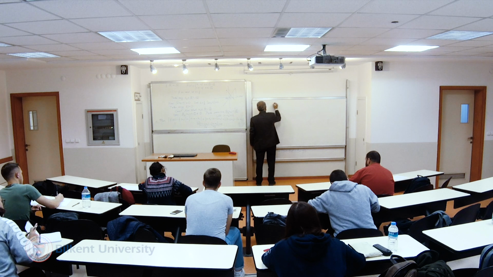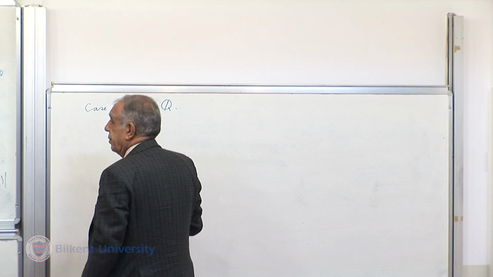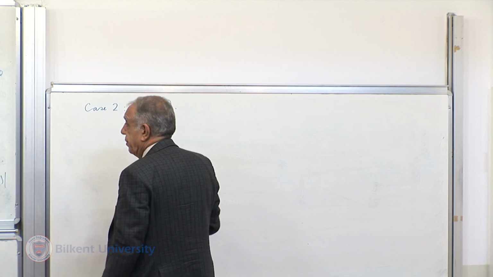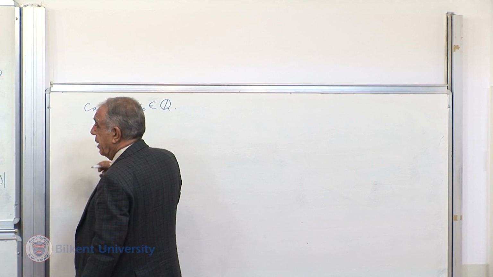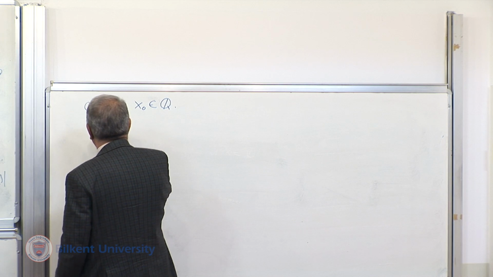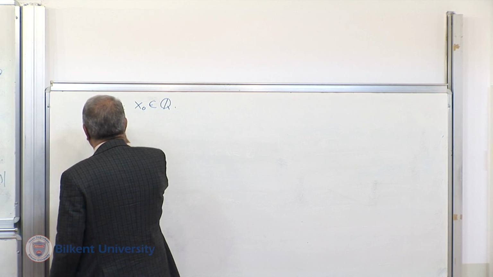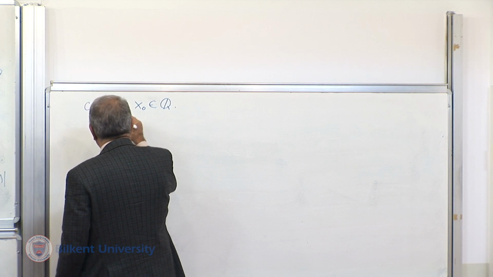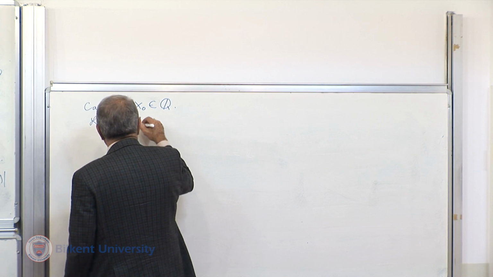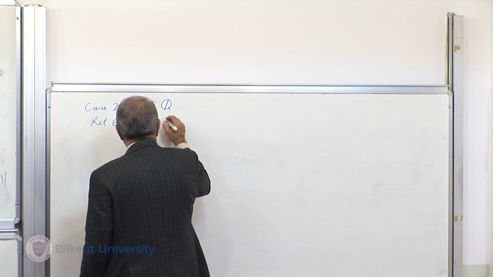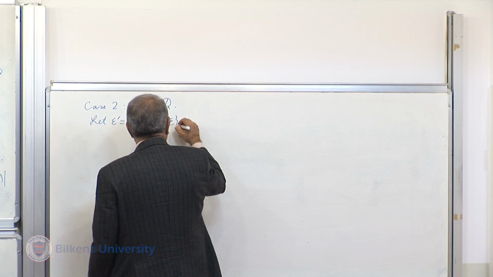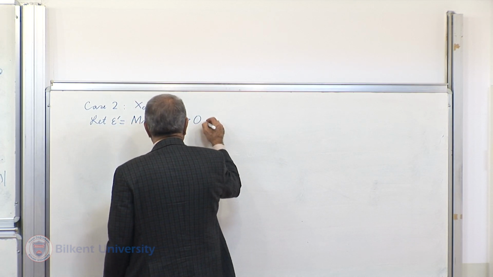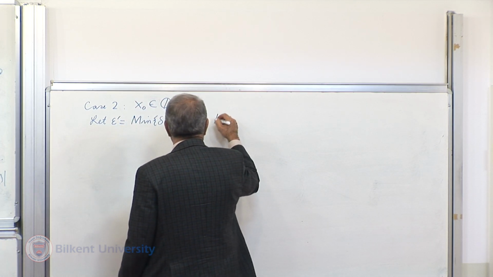This time x naught is in Q. Well, this time let me write it like this. It's the same thing, but let epsilon prime be the minimum of delta and epsilon. That will be positive.